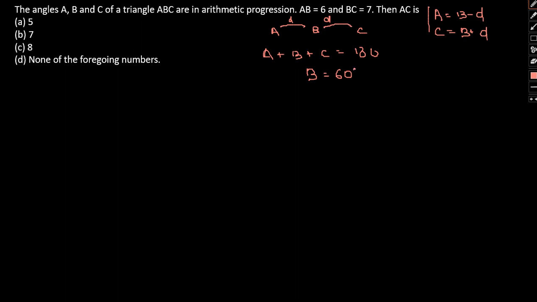Now suppose this is my triangle. Say this is A, this is B, this is C. B is 60 degree.